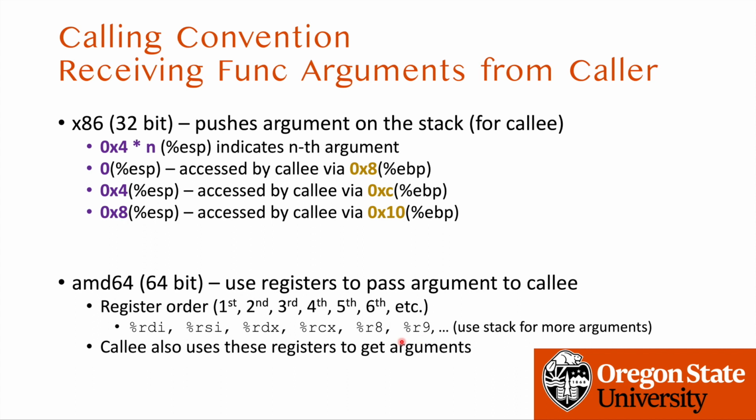This order is very important. Some might be curious about what happens if we have more than 6 arguments. Even in AMD64, we use the stack for passing more than 6 arguments. So the 7th argument will be placed at 0 over RSP. And the callee also uses these registers to get the arguments from the caller.